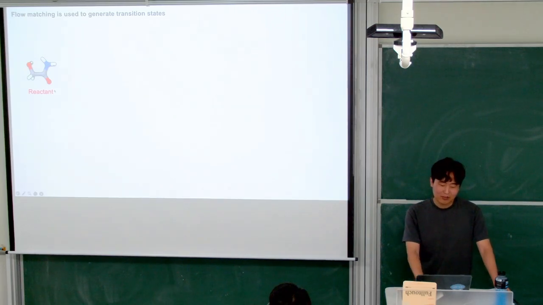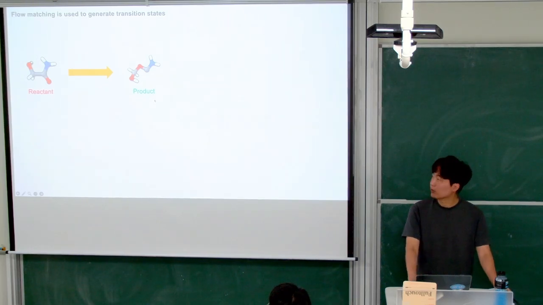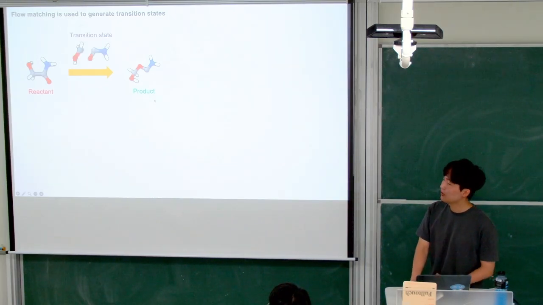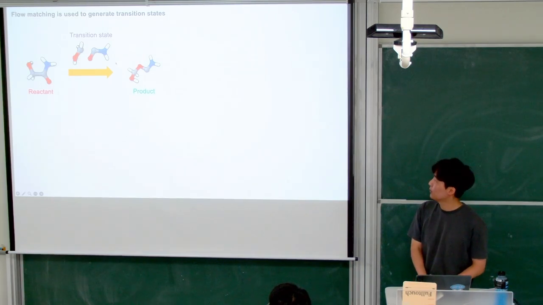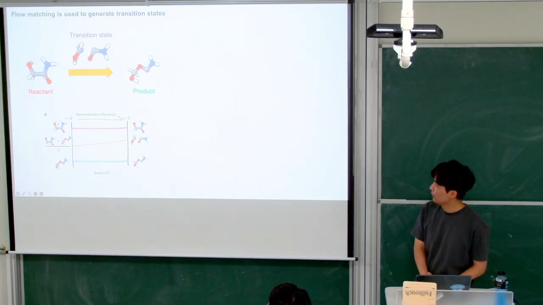We have a reactant, the material before, which then moves to the material after, which is the product. And in the intermediate stage, there is something called the transition state. And the authors did the following. They learned a map from the data. They learned the data pairs of reactants and products, input and output.